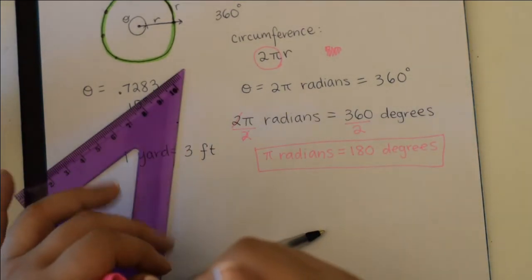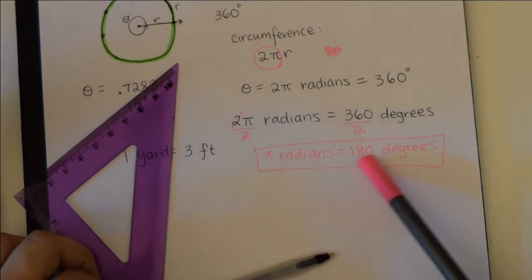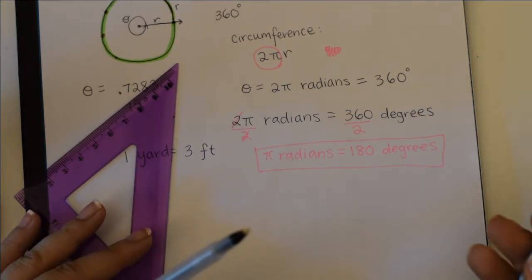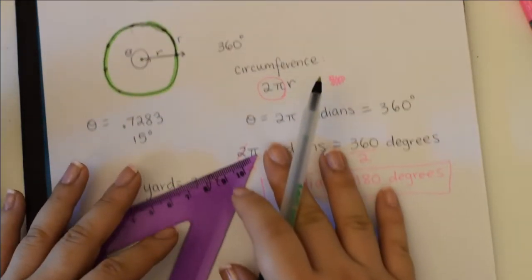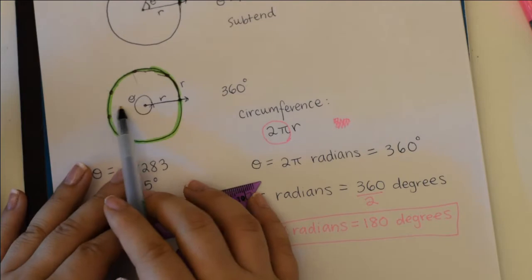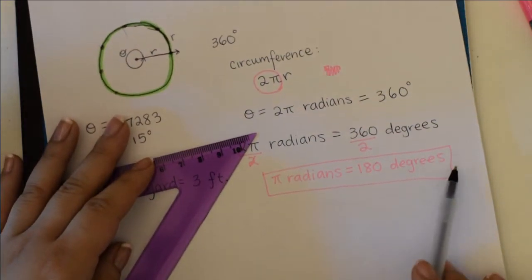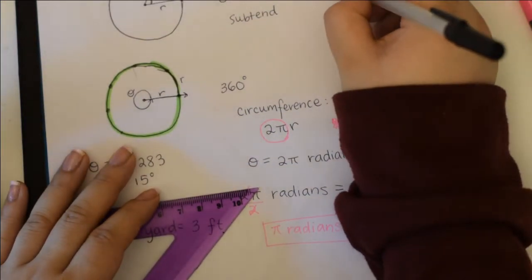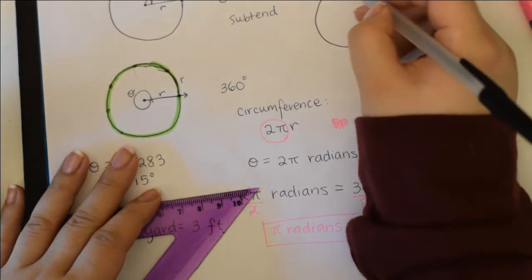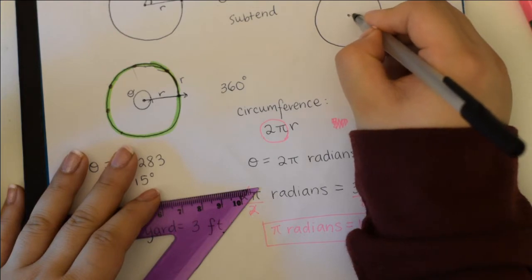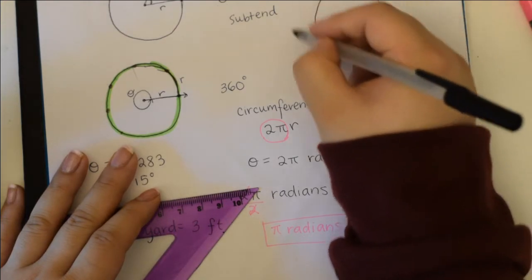So from here, pi radians equals 180 degrees. If you did the same logic that we've been doing for this, we could actually show that this is true by doing the half angle case, so like a half circle case, right?